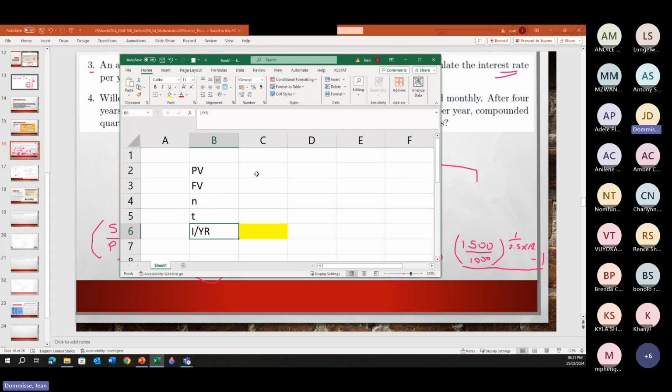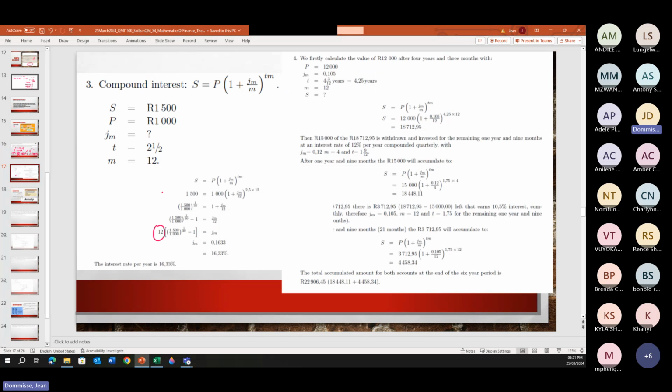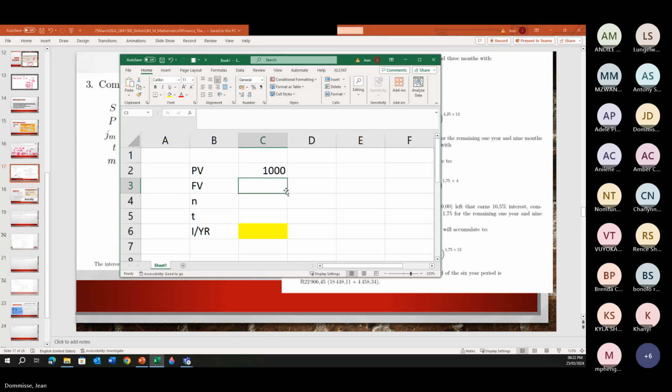Okay, so they told us the present value was 1,000. I just quickly want to get to where the answer was. If we went through that whole process, it would have been 16.33. I just want to have that as reference.